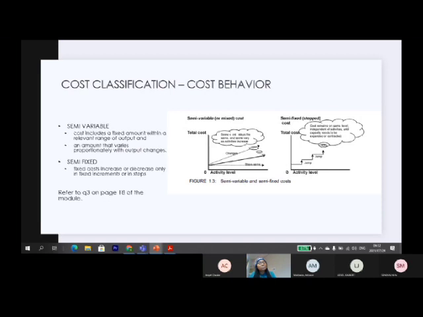Then the other one is semi-fixed. With the semi-fixed one, the fixed cost increases or decreases only in incremental steps. So it stays constant within the same level, but then it expands. I'm going to make an example of a lease agreement.